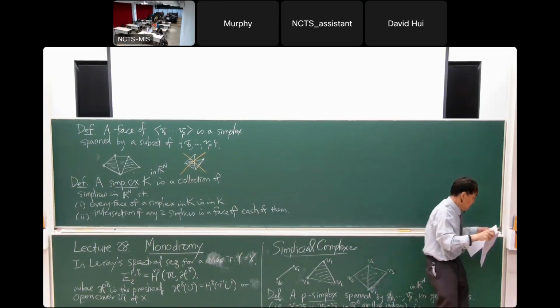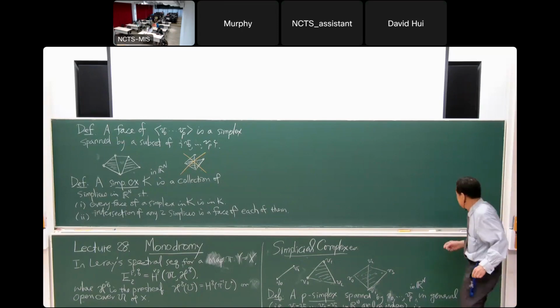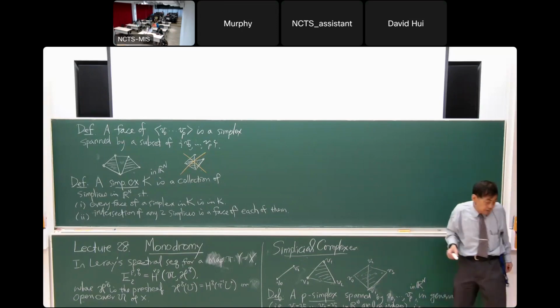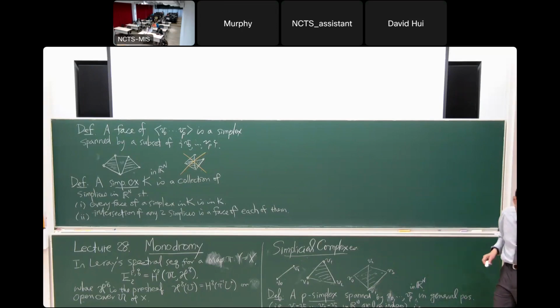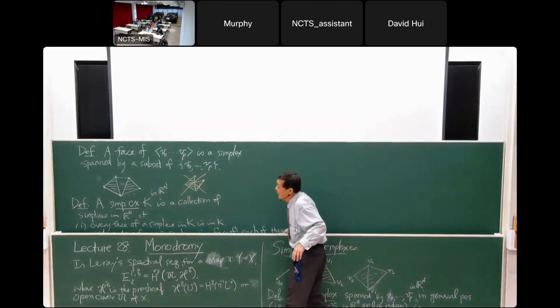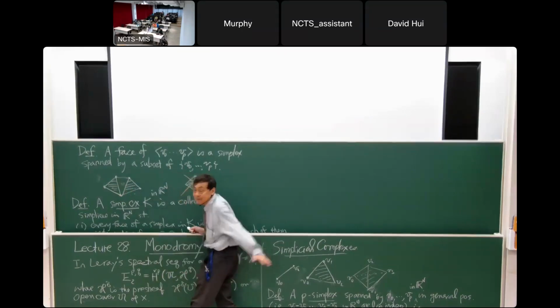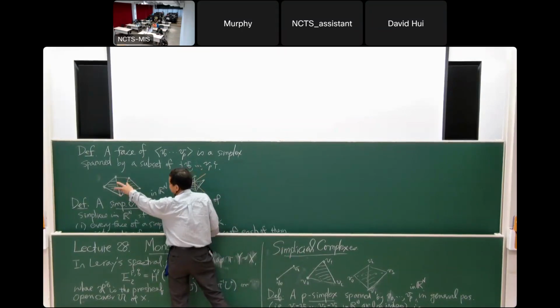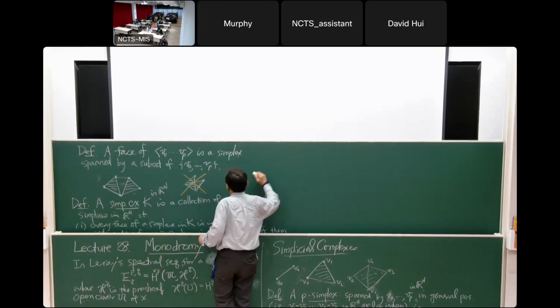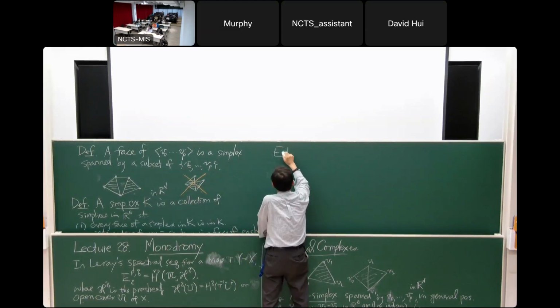Okay, and so now let me define the edge group of a simplicial complex, which is going to correspond to the fundamental group of the topological space that is the union of all the simplices.